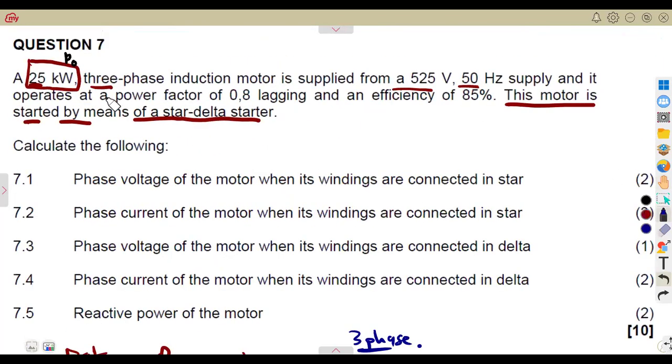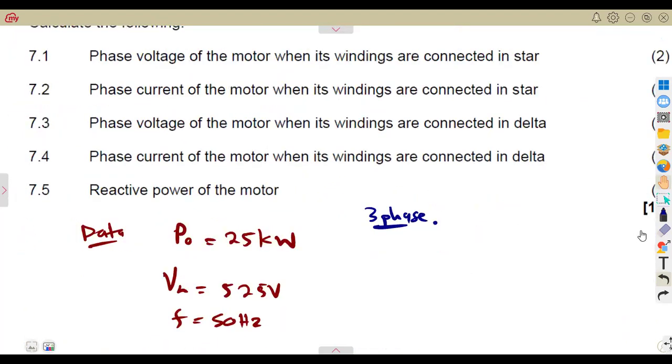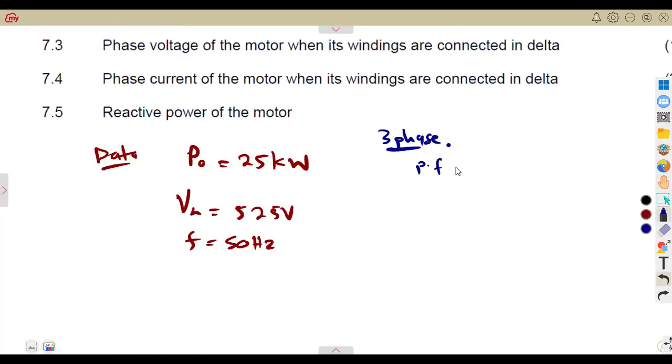And we are also given that it operates at a power factor of 0.8 lagging, since it is inductive, and the efficiency being 85%. So we have got the power factor of 0.8 lagging. Then we also have the efficiency of 85%.